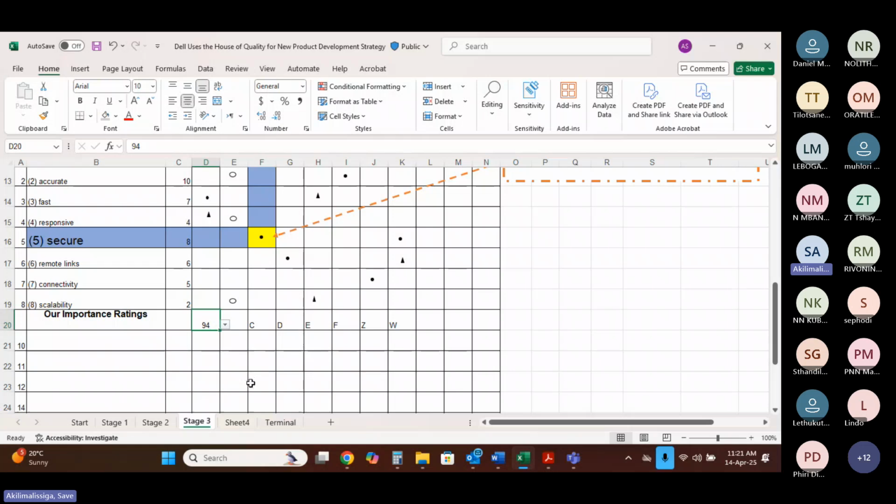Right, 94. Again, let's calculate B and C. The rest you can calculate on your own.